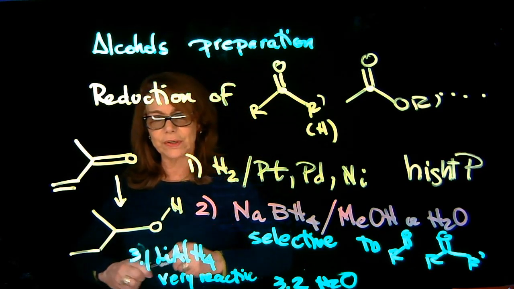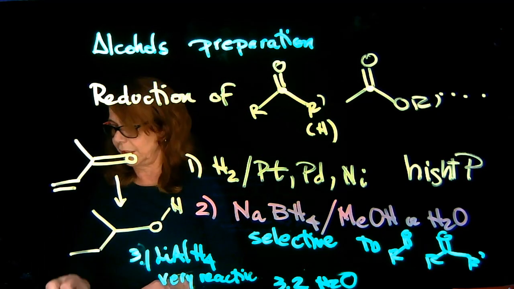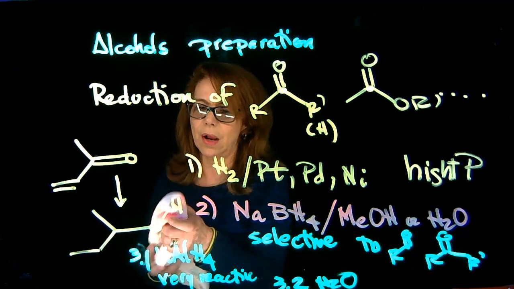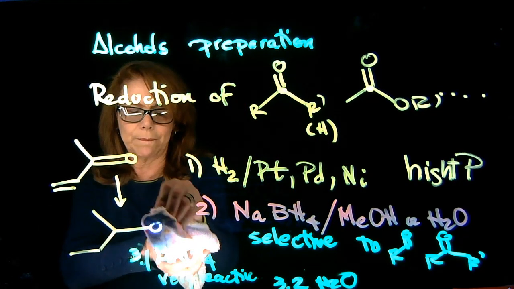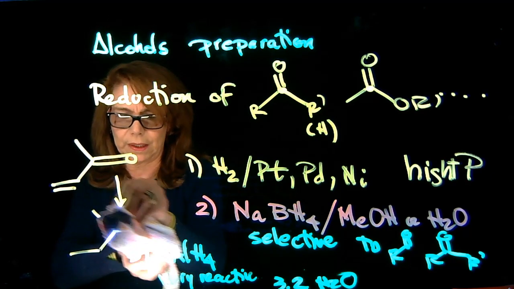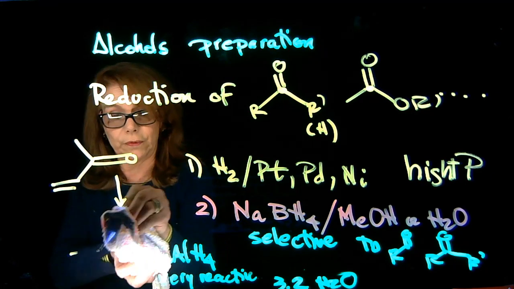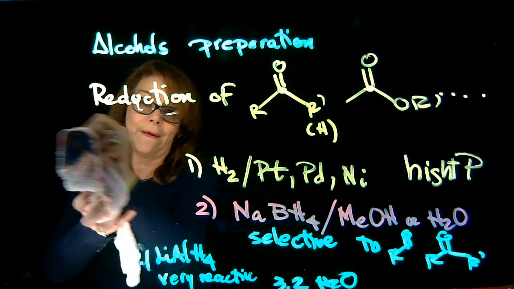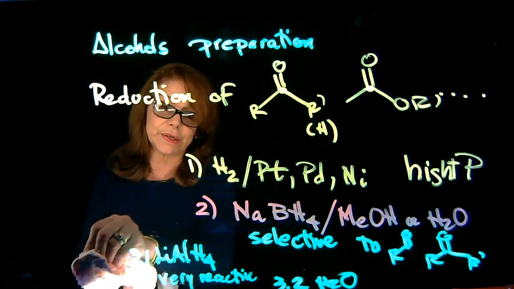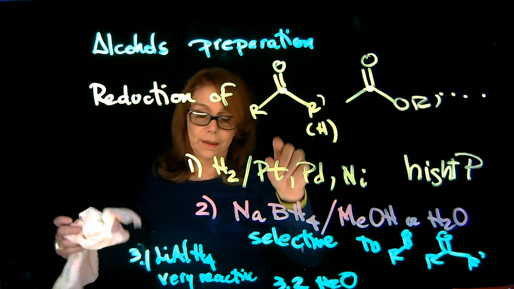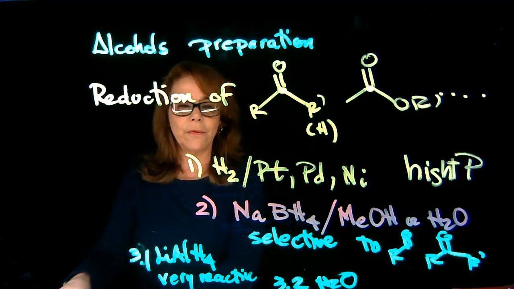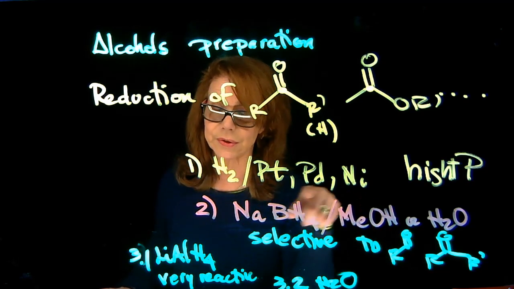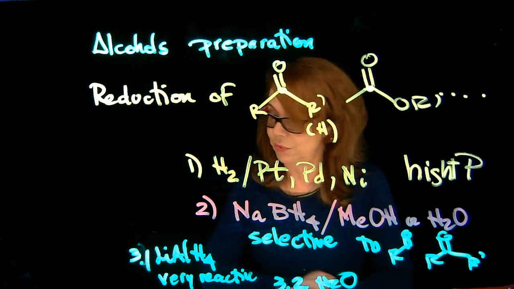But what is interesting about lithium aluminum hydride, and I'm going to erase the structure here, is that, being more reactive, it can be used to reduce other functional groups. It can reduce carboxylic acids and esters, besides reducing aldehydes and ketones. So again, if you want something that will only reduce aldehydes and ketones, sodium borohydride is a good choice.